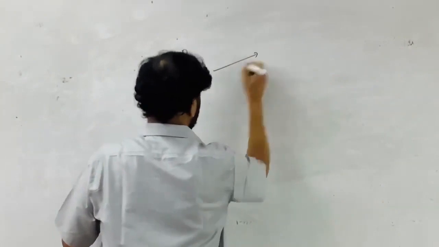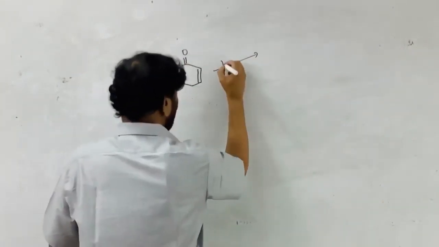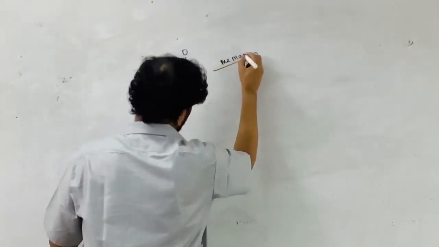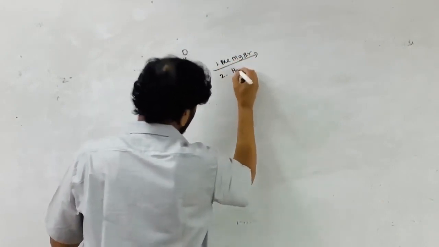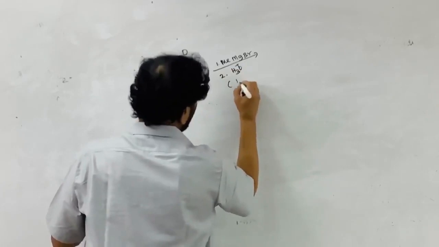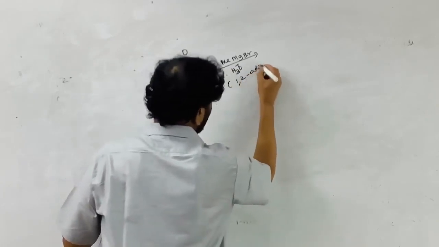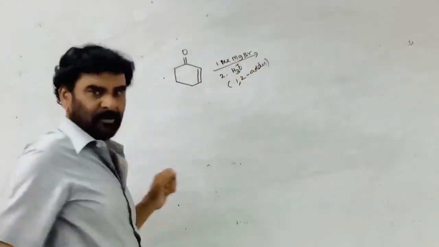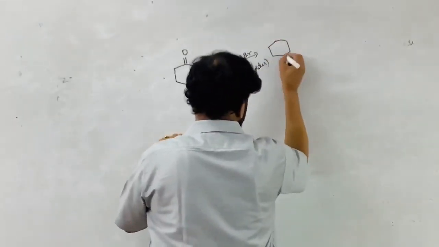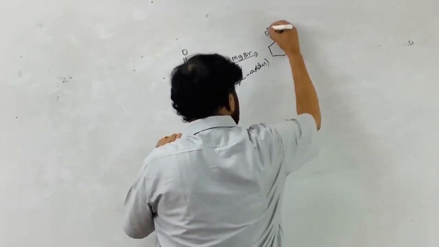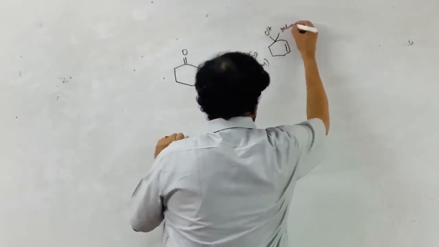These are treated with methyl magnesium bromide followed by acid workup. So 1,2 addition. Strong nucleophile, so the 1,2 addition, the direct addition, takes place without touching the double bond. This is the OH, this is the methyl.